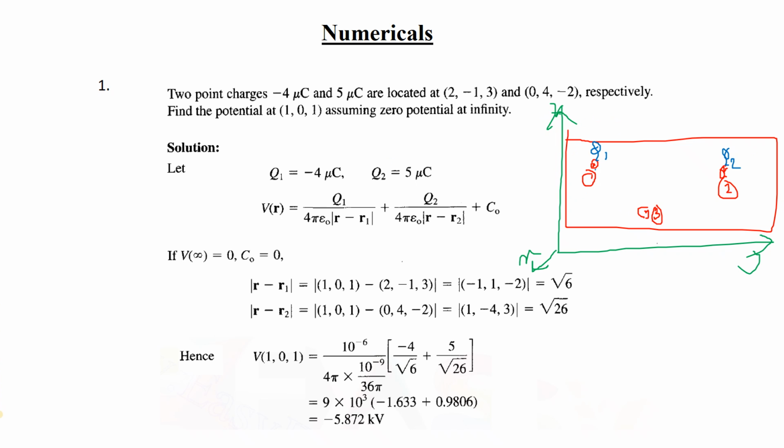Suppose the rectangle I have drawn is the electric field created by both the charges, and this point is within the electric field. So the potential at this point will be due to the effect of both charges: q1 will create a potential at this point, and q2 will also create a potential at this point.